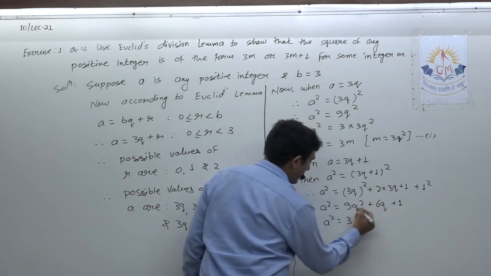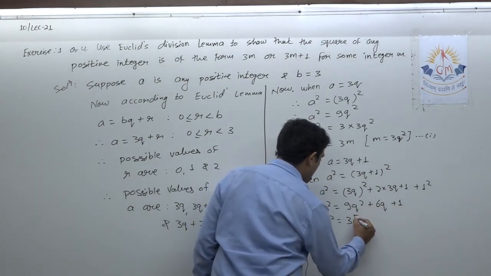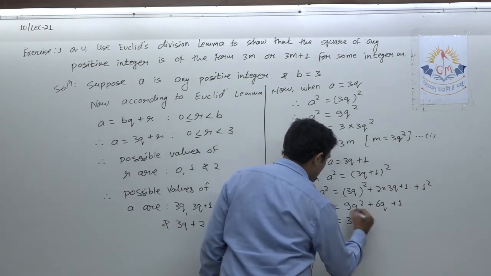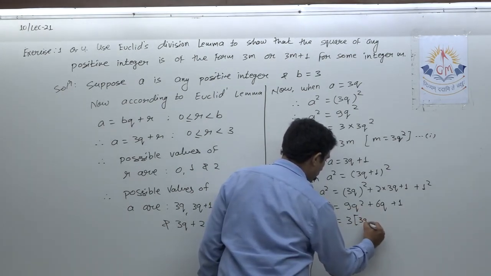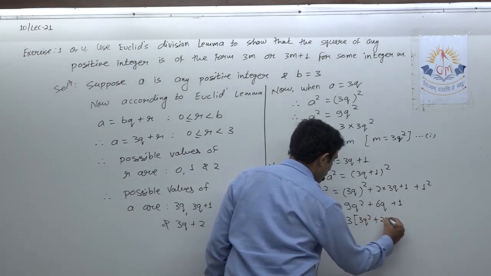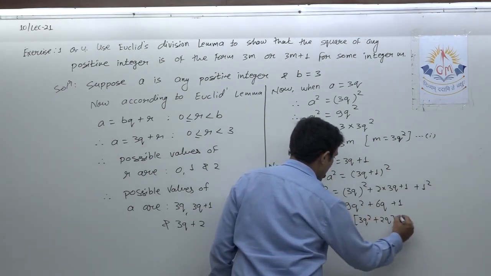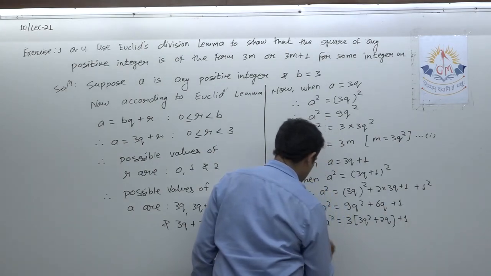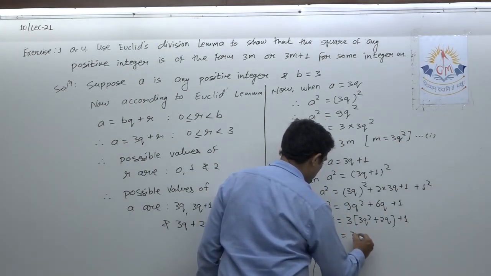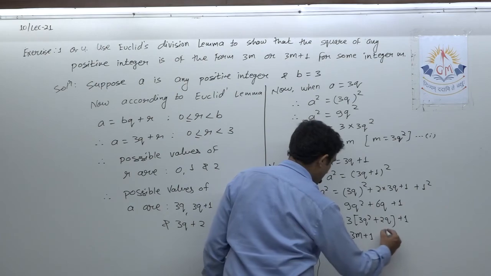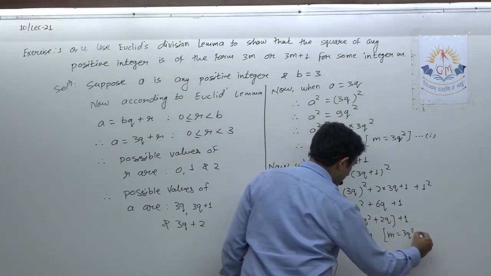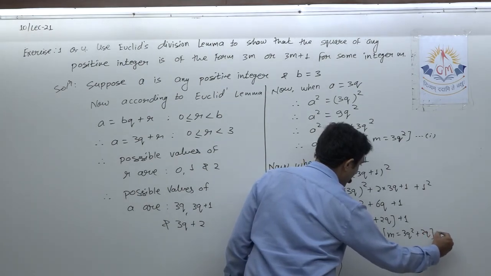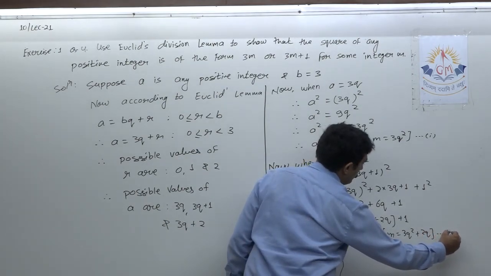Even though I can take 3q common, I am taking only 3 common because my purpose is solved just by taking 3 common. So 3q square plus 2q, plus 1. Therefore a square is equal to 3m plus 1. Here again I write that m is equal to 3q square plus 2q. And this is my equation number 2.